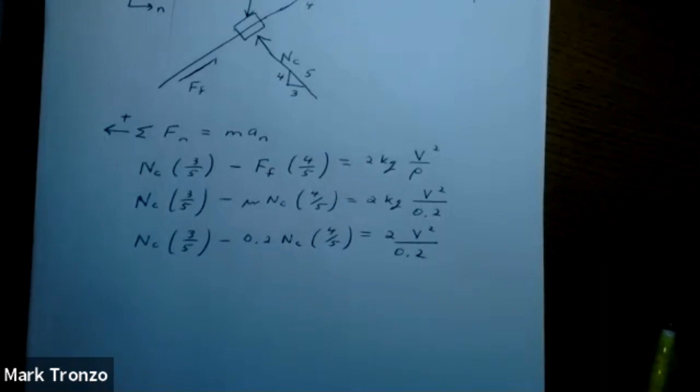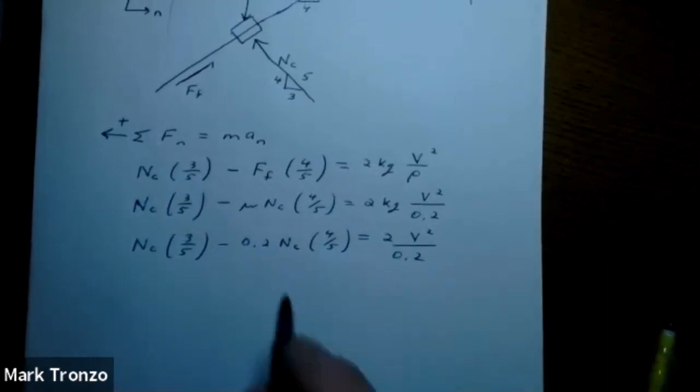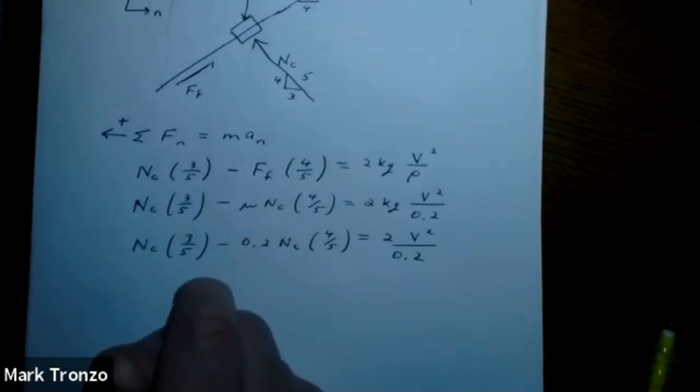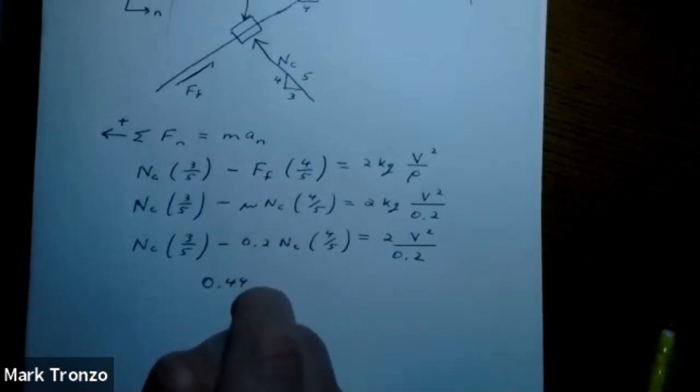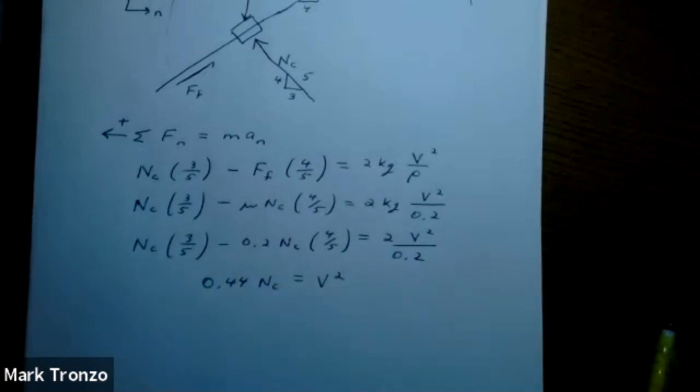And so we get this, and the best we can do, we're still going to have 2 unknowns, and this is going to be 0.44 N_C equals V squared.